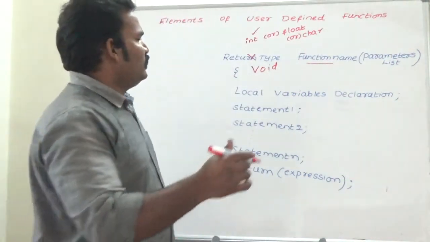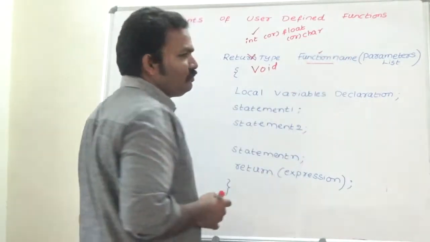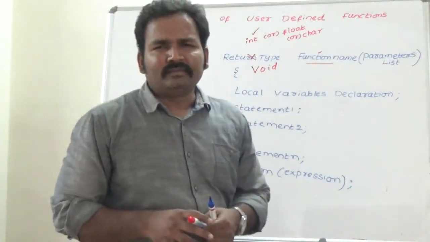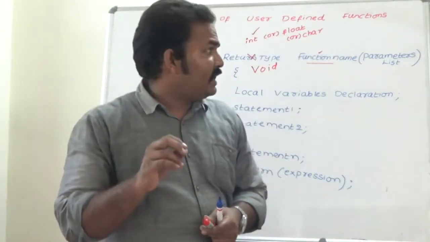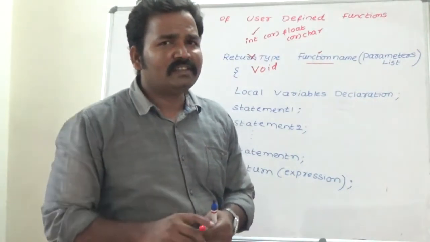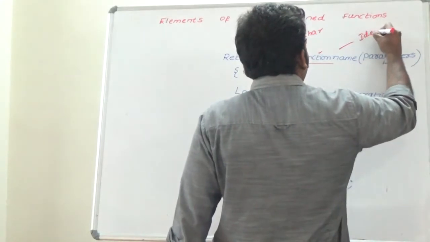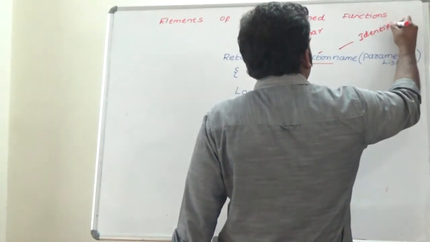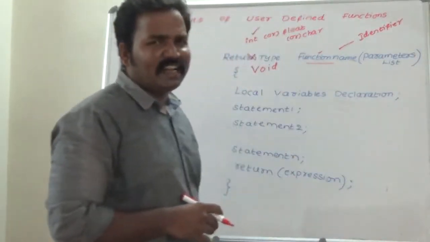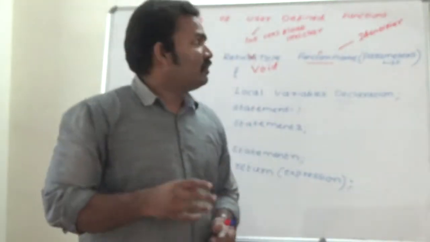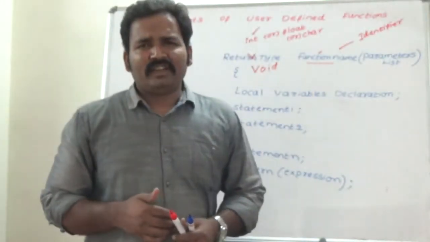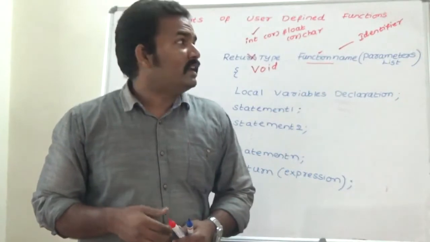Okay, clear? Next, function name. Function name is a valid C identifier. Okay, so already we know identifiers. So what are identifiers here?